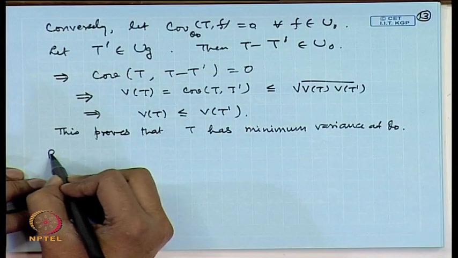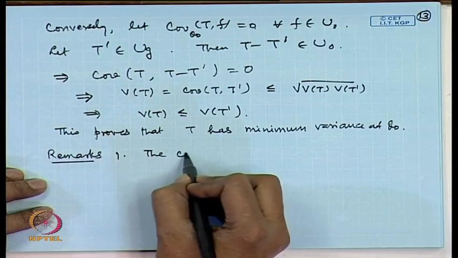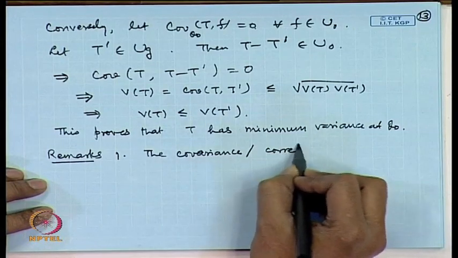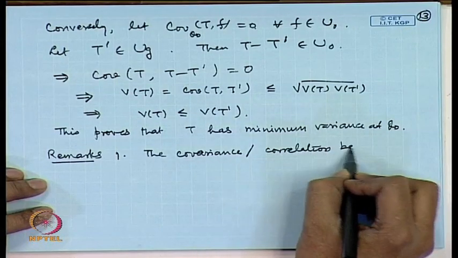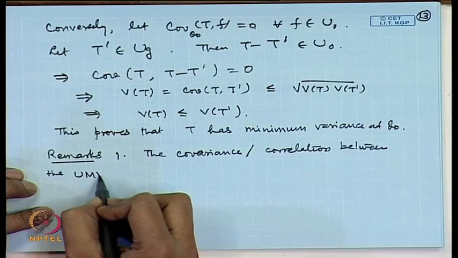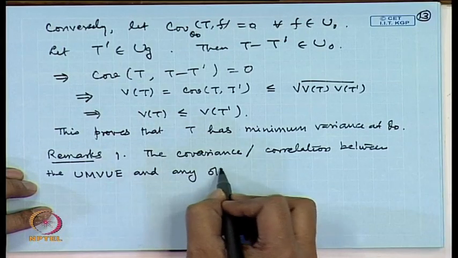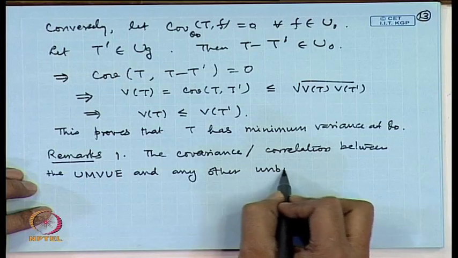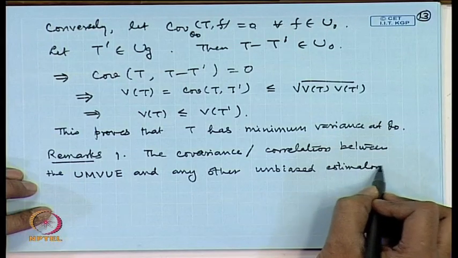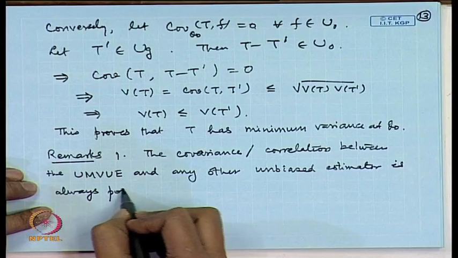So we are also concluding from here that the covariance or you can say correlation between the UMVUE and any other unbiased estimator is always positive.